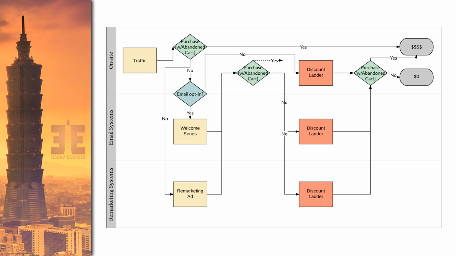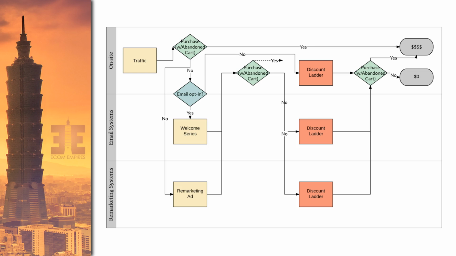All right. So there are four different main things that we just talked about, and I'm going to sum it up. There's on-site conversions, which is the steps that you take, the design elements and the apps that you use across your product page, your cart page, and your checkout page to create a path of least resistance and higher probability of purchasing. Then there are your two email series.